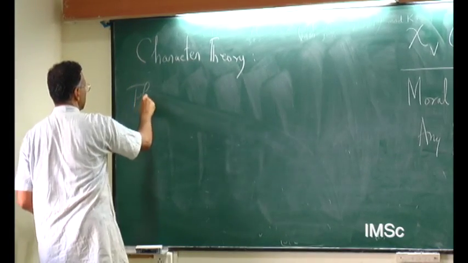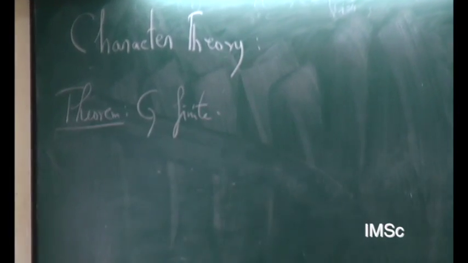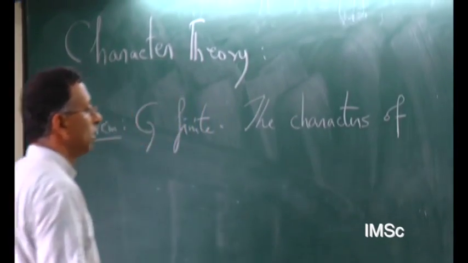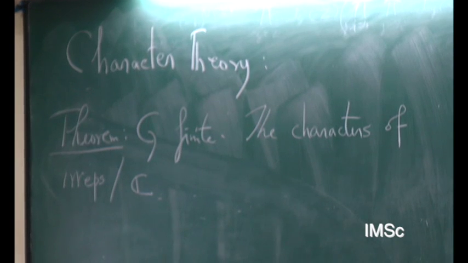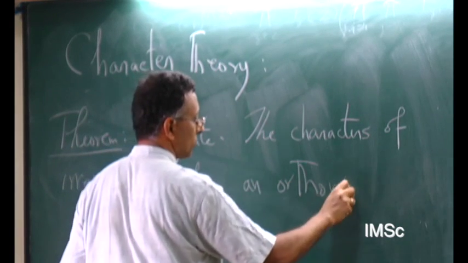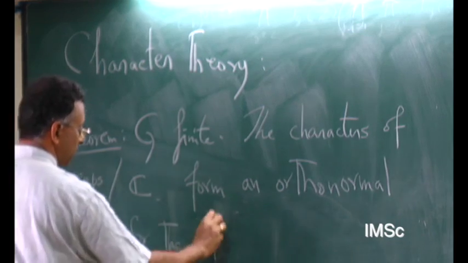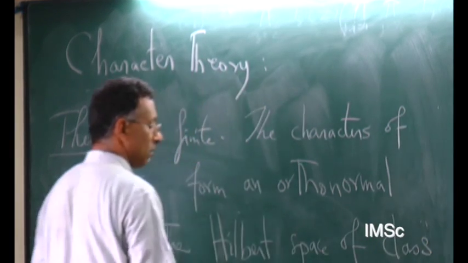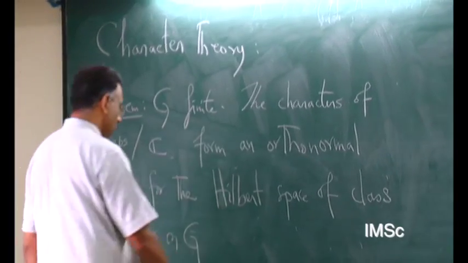Theorem: G finite. The characters of irreducible representations over C form an orthonormal basis for the Hilbert space of class functions on G with inner product.